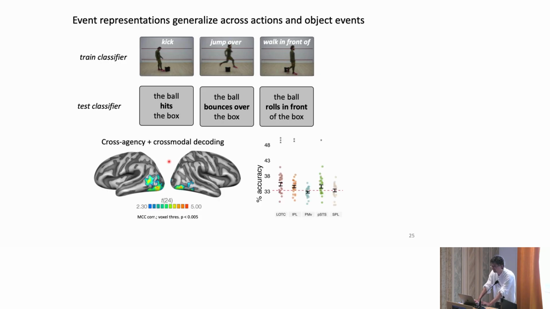And here's what we found. Now, the significant effects were largely restricted to the anterior LOTC, overlapping with the cluster that we have found just for cross-modal action decoding. Although I must also mention that the region of interest analysis also found some significant effect in the IPL.